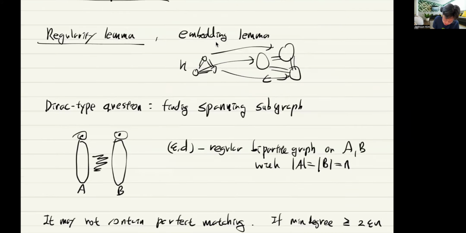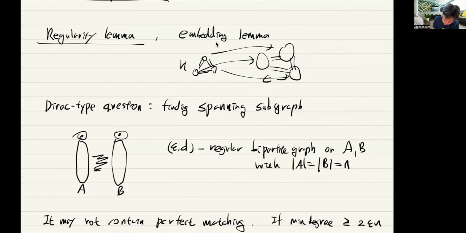So what is it? Suppose that, of course, n is sufficiently large and epsilon is sufficiently small compared to d and 1 over delta. You have several objects to consider.